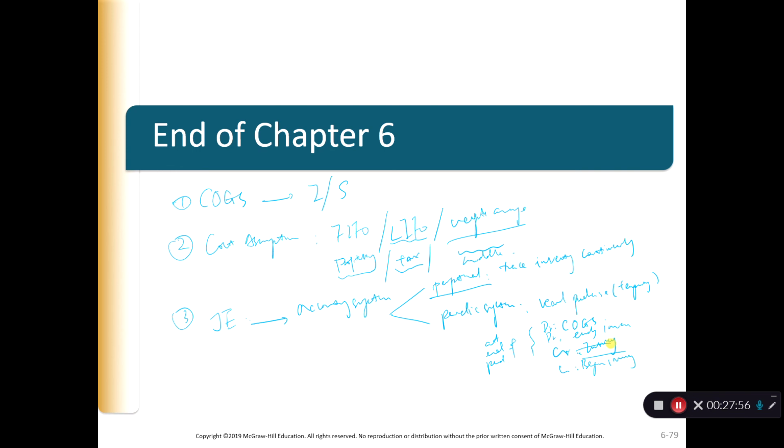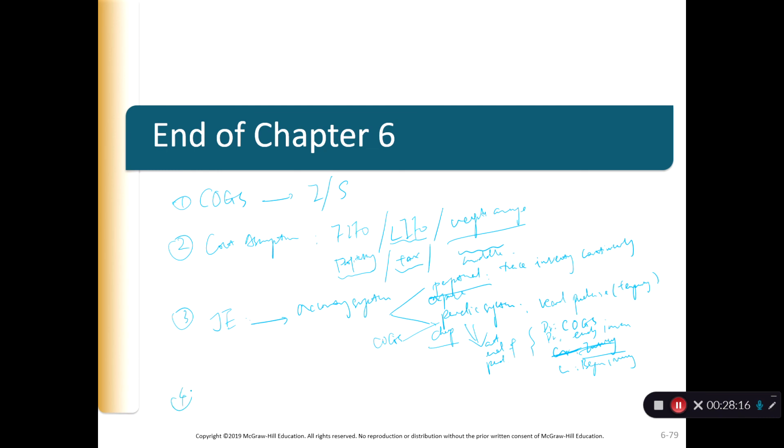So this is a very special way to calculate and journal the cost of goods sold account, and this is a cheap way of maintaining an inventory costing system, while the perpetual is a very expensive way to do that, right?